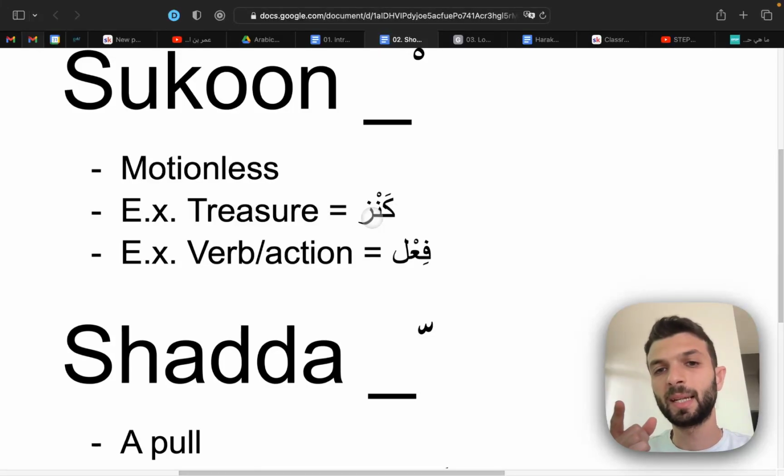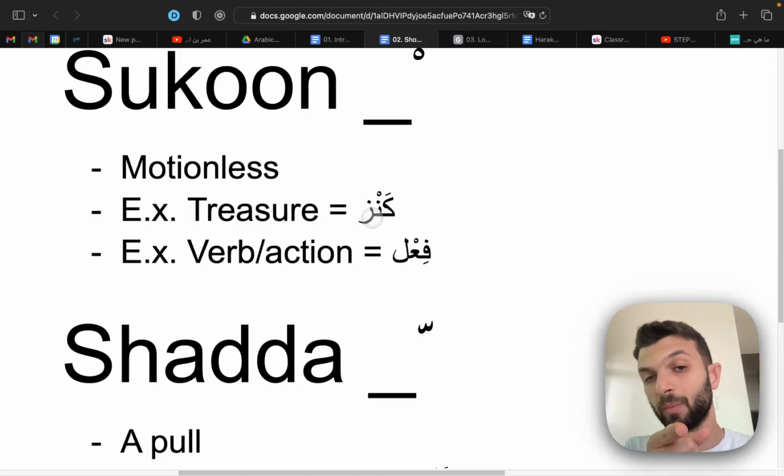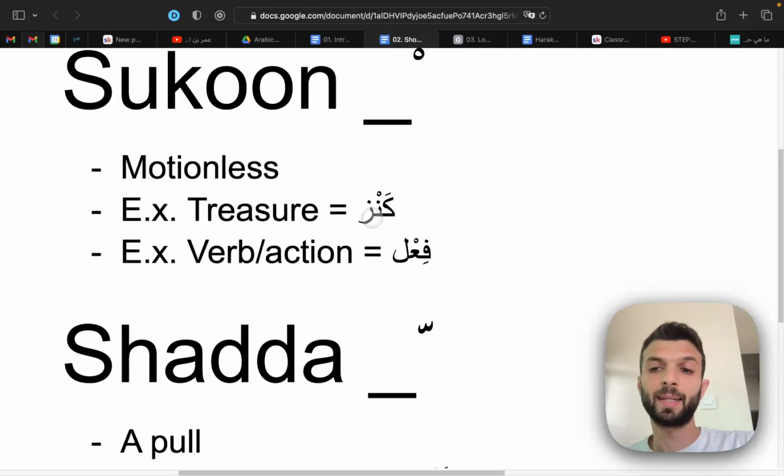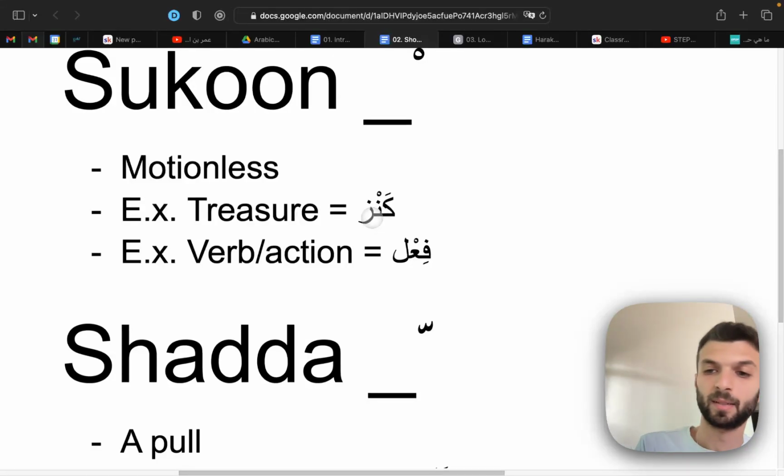I'm not saying kenaz because the noon in the middle does not have a fatha. I'm not saying kenuz because it does not have a damma. And I'm not saying keniz because it does not have a kasra. It's kenz. And how this translates is I say ken, z.